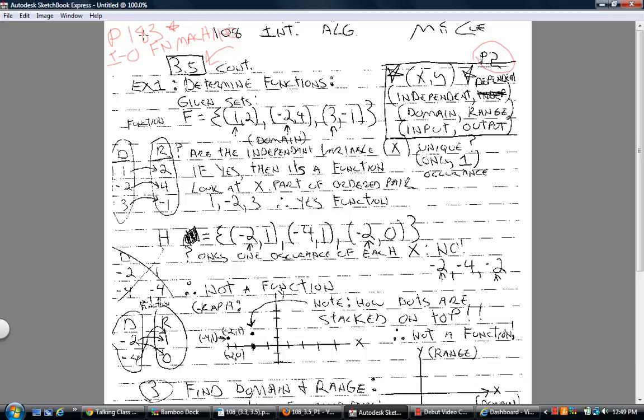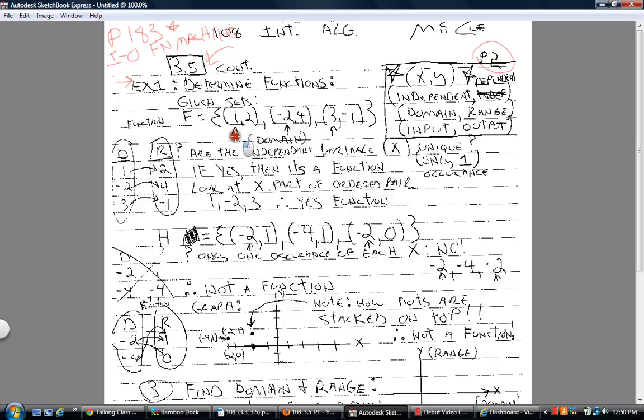That will also help you with this idea of for every unique input you get one and only one unique output of Y. Okay, so let's go ahead and work on example 1 here, determining functions. Keep in mind, they use capital F to represent function equal, there's your bracket, here's a set of ordered pairs with commas in between them, and they go, is this a function?